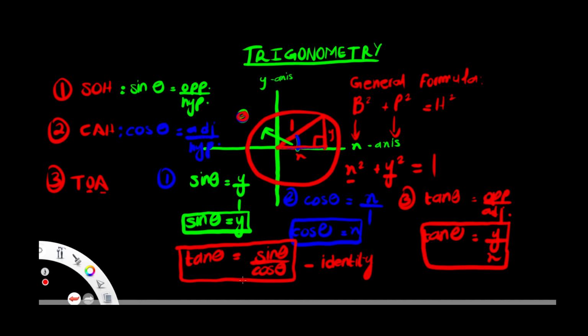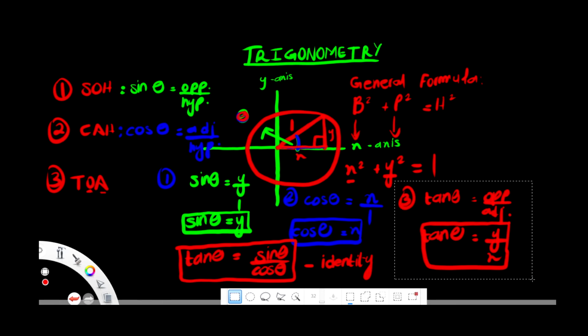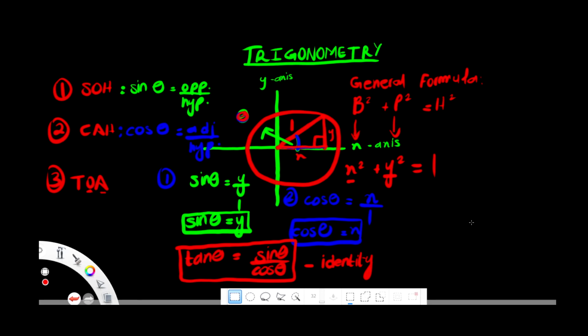We can also form a second identity. So I'm going to erase this area. So how do we form the second identity? This identity is also an important and a very helpful one. Since we know that sine theta and cos theta equal y and x, can we simply substitute these values in here?